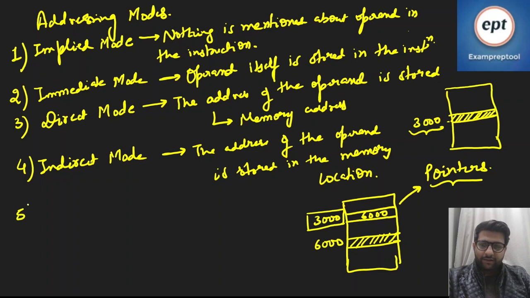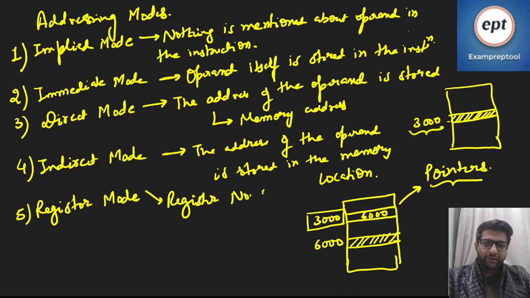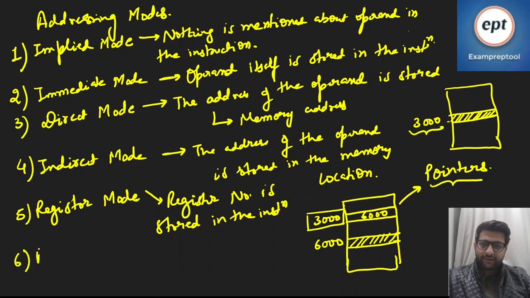And the fifth one is register mode. Here the register number is stored in the instruction. The sixth one is the register indirect mode.